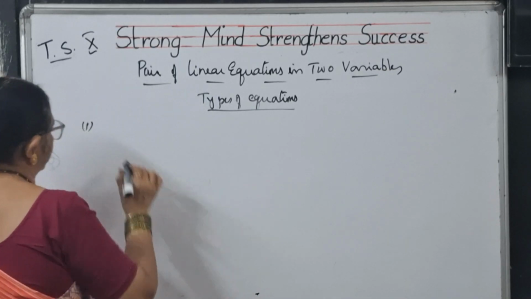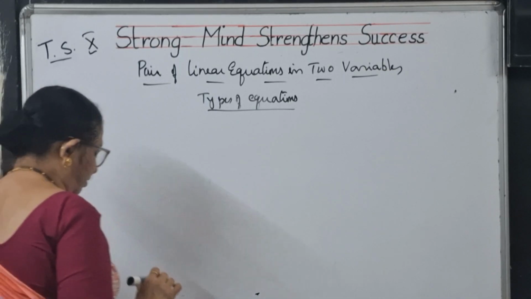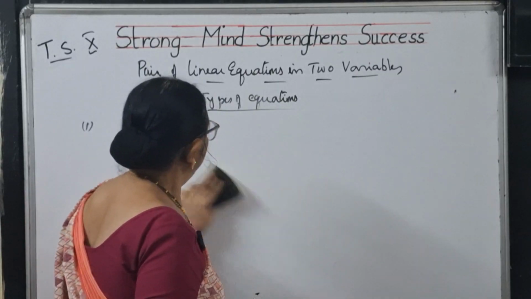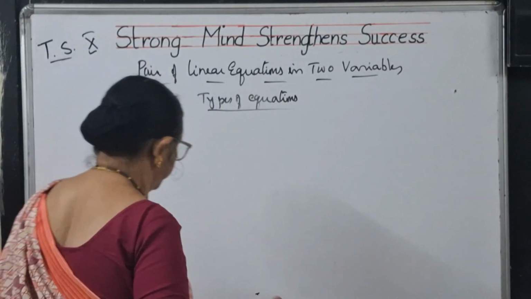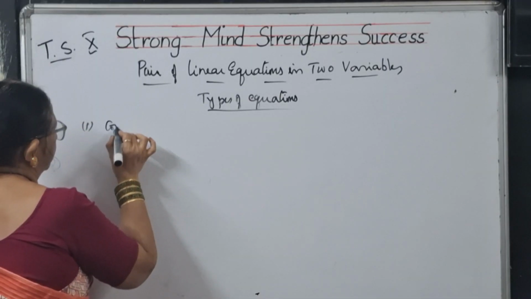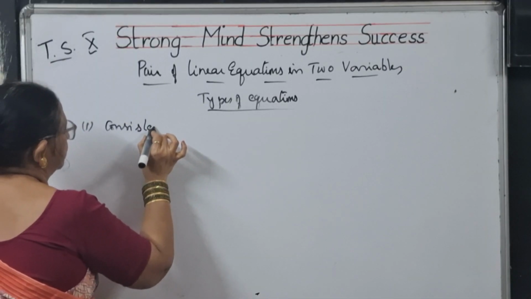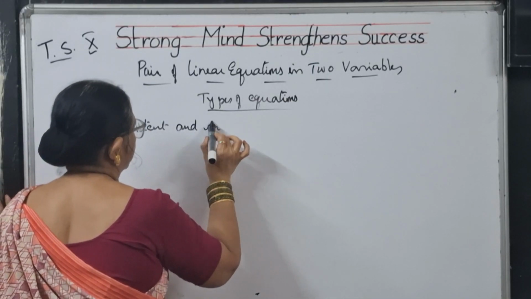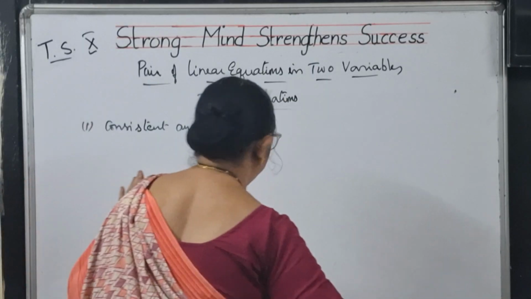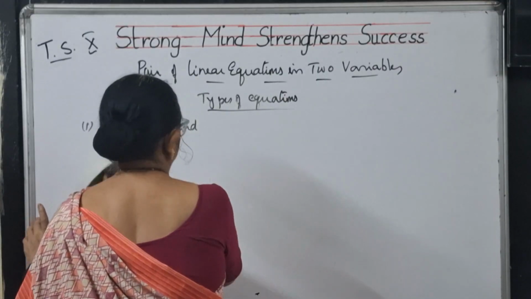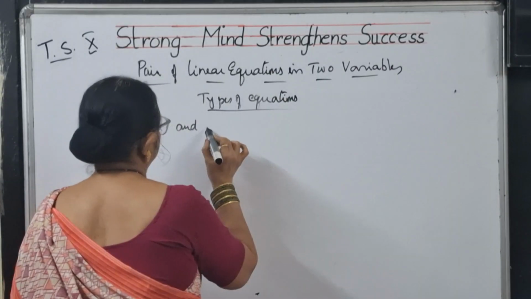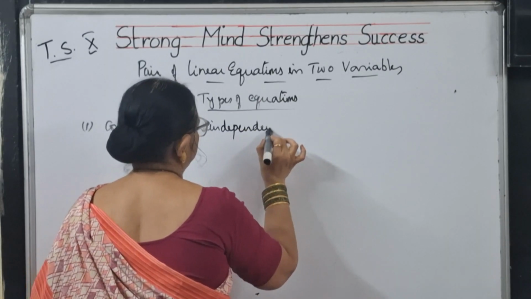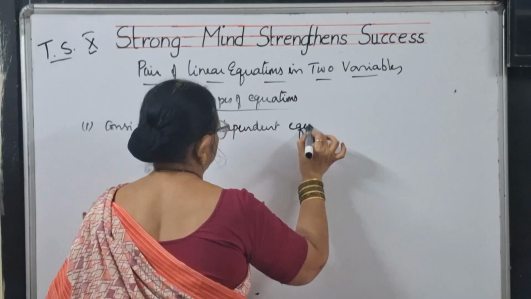The first type of equation is called consistent and independent equations.